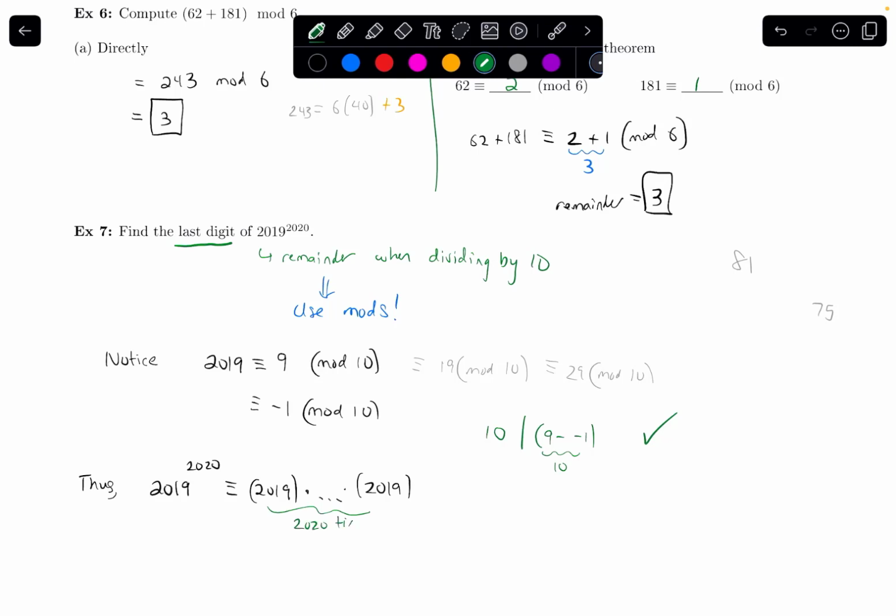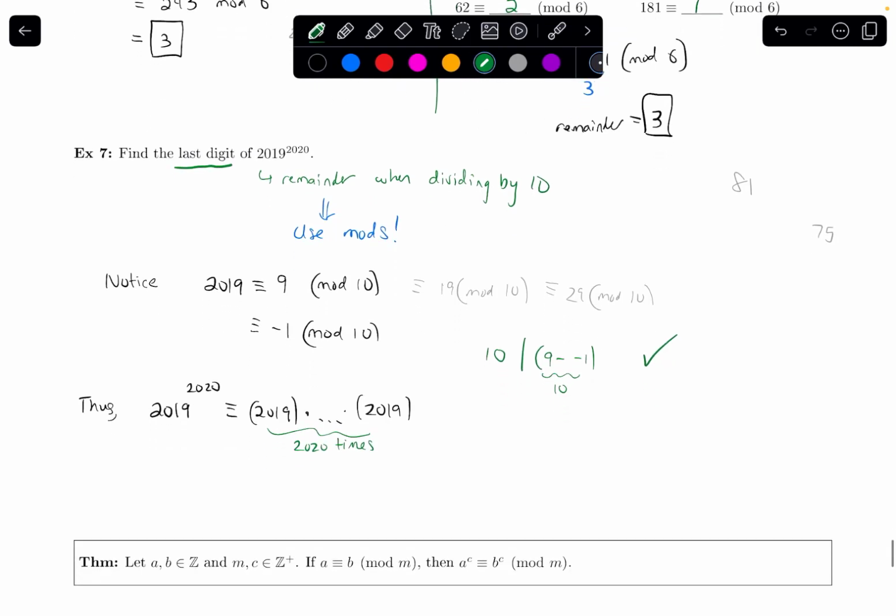That's how many times I'm multiplying this by itself. But the power of congruence says I can replace each of these, because I'm doing a multiplication, with what 2019 is congruent to. And I know now that it's congruent to -1. So I'm going to replace each of these with -1, and I'll get -1 times -1 times -1, 2020 times.